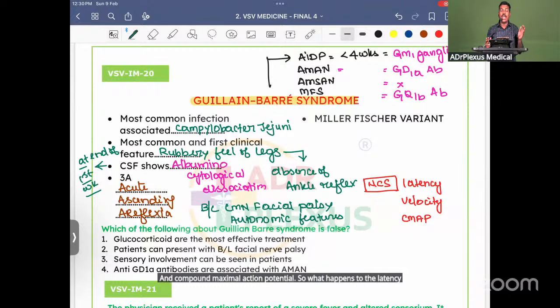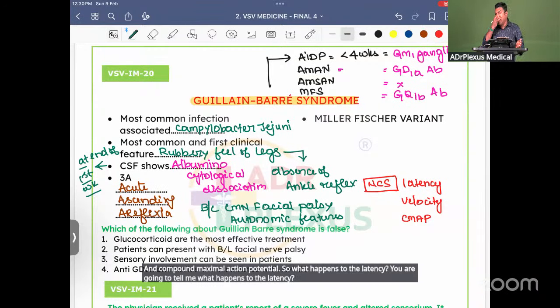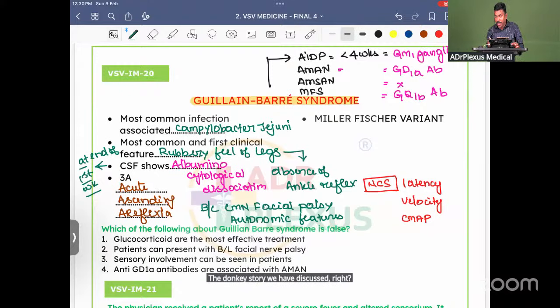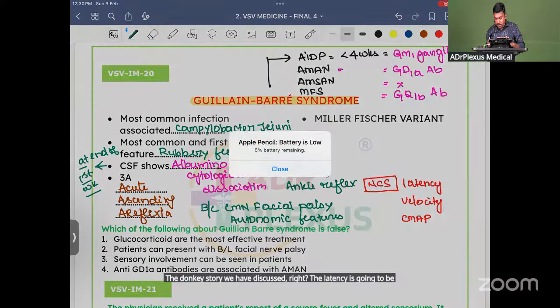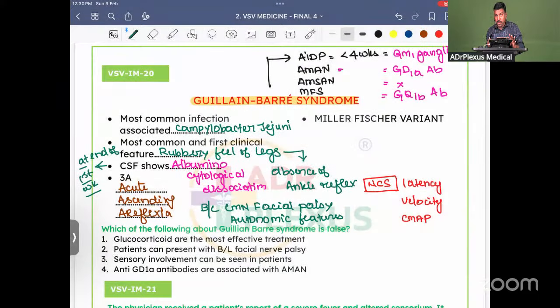You're going to tell me. The donkey story we have discussed, right? Yes, very good. Latency increases, velocity decreases, CMAP is going to remain normal.